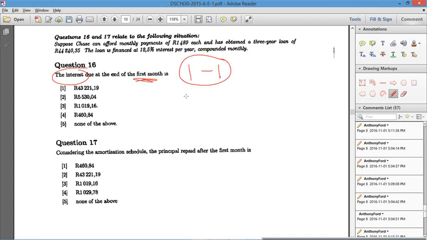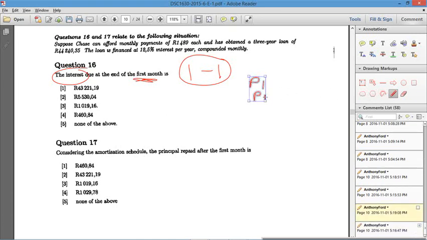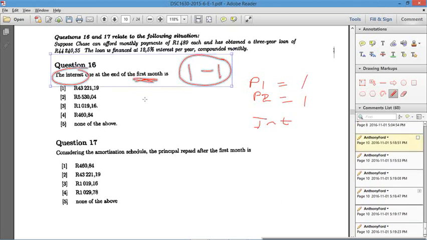Depending on what type of calculator you're using, if it's the HP, you have to go second function, amort, to get the 1, 1. When you've got the 1, 1, then you just press equals to read the different figures. If you've got the Casio or the Sharp, you're going to have to change your P1 and P2 on your respective calculators to make it 1 and 1, and then you're looking for the I and T, the interest, for this particular one.